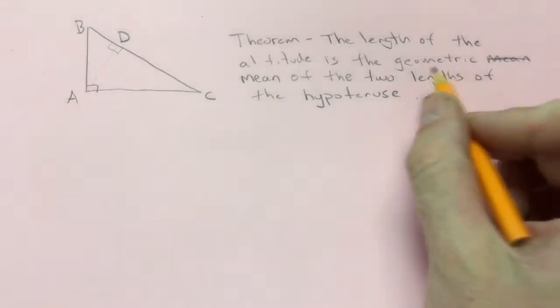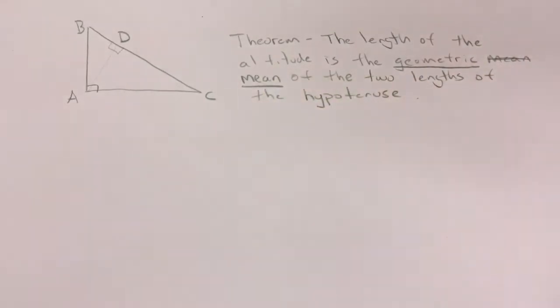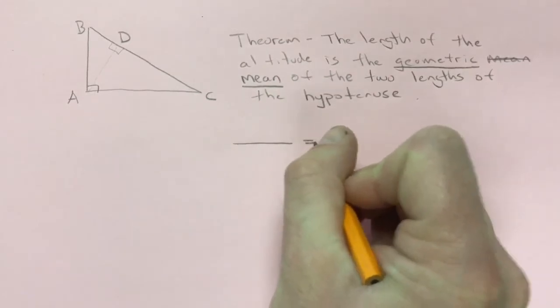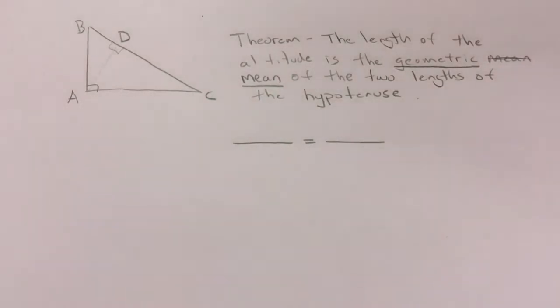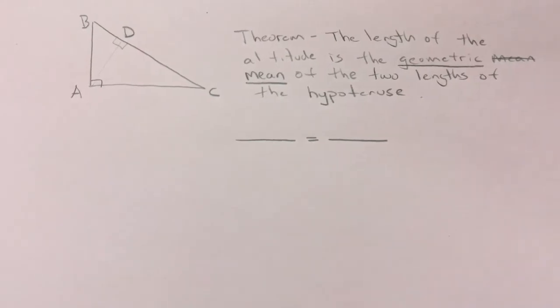The words geometric mean pop up right here. Whenever you see geometric mean, you know you're going to have to set up that proportion we were talking about earlier. In this case, the length of the altitude is the geometric mean, so that's your first number.